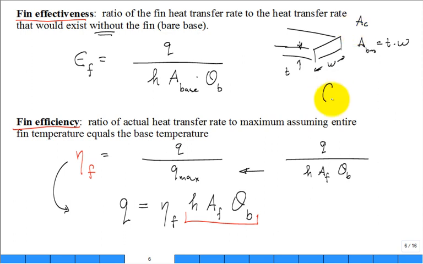If it was a round pin fin, that area base is simply pi d squared over 4. Now, the effectiveness can be greater than 100%. It's not limited. But if you look at the efficiency, it doesn't make any sense that that would be greater than 100%. Okay?